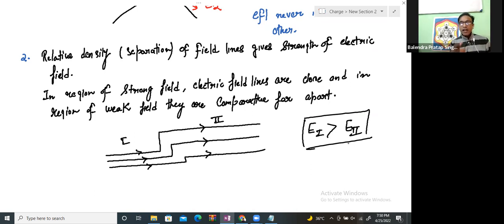Have you ever thought about why we are studying this electric field, why it is important? Is there any daily life application of this electric field? Yes, because after studying the electric field, we get the idea of electric current, which we actually use.